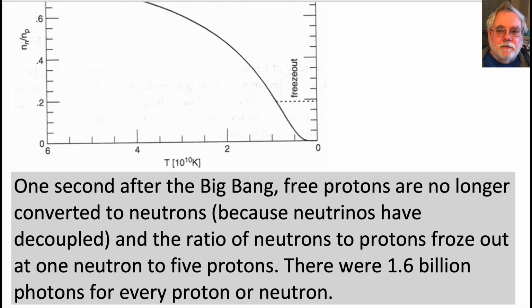Two seconds after the Big Bang, the average photon energy was 2.2 million electron volts, gamma rays, which could still create electron-positron pairs. For every proton or neutron, there were about 1 billion electrons and antimatter positrons. They were relativistic and counted as radiation, not matter for driving expansion.